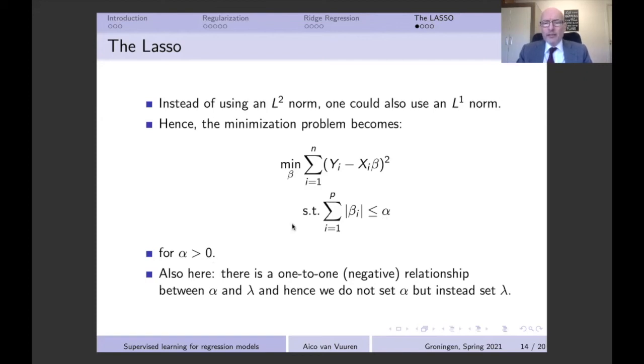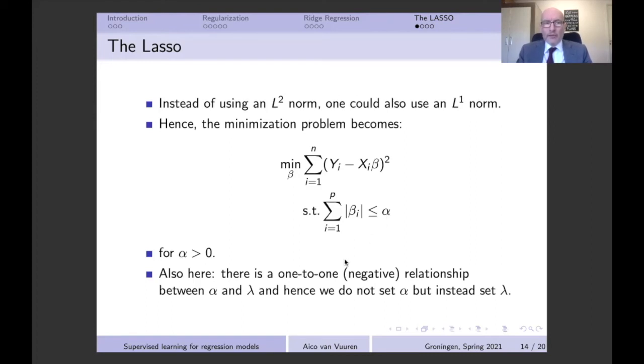But take into account that alpha here also doesn't have any interpretation. We can even say that the alpha that we have over here is unrelated to the alpha that we had with respect to ridge regression. That is to say that if we have a particularly good alpha for, say, ridge regression, then we cannot use that for the lasso.